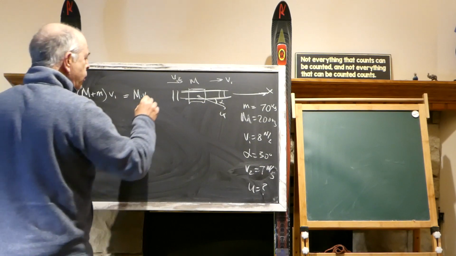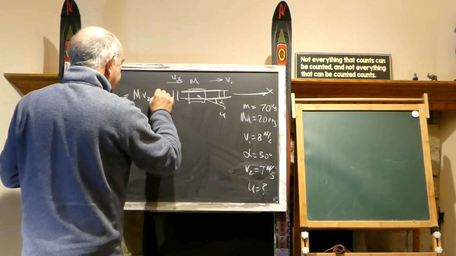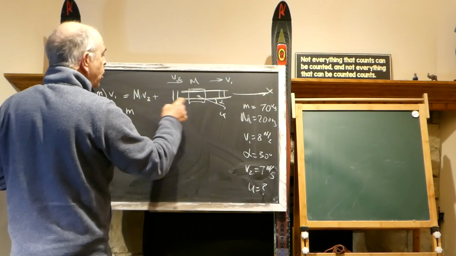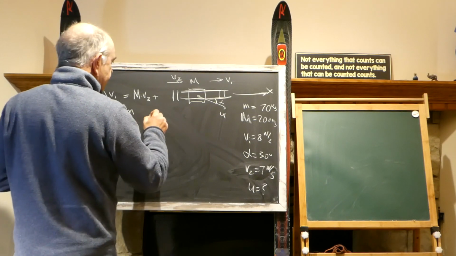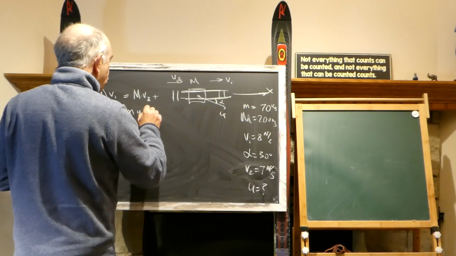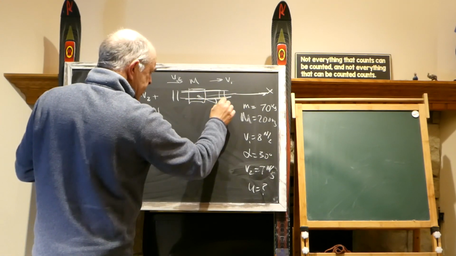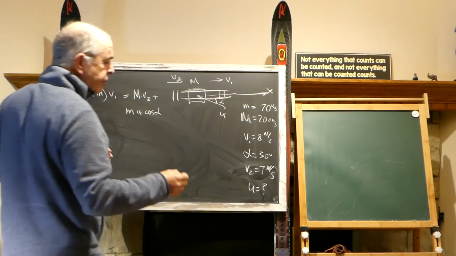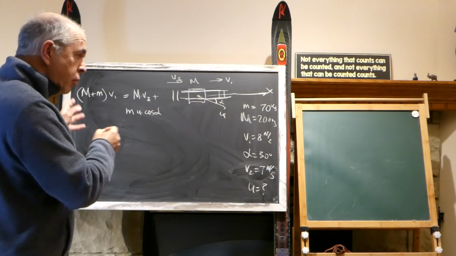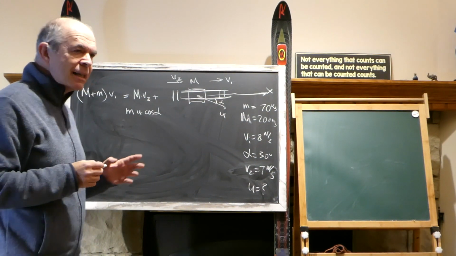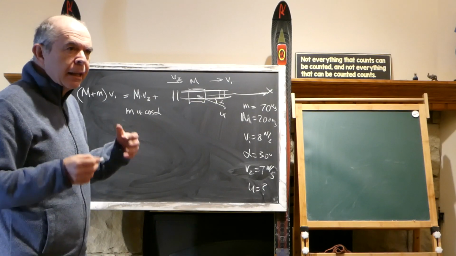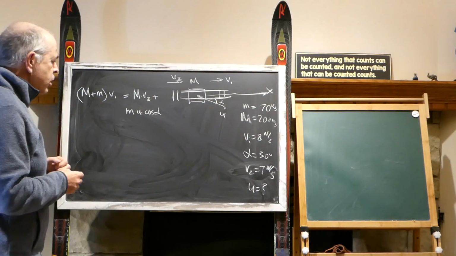So M v2, and then I have to take into consideration the momentum of the jumper himself. This would be m u cosine alpha, because the projection in this direction is u cosine alpha. If you're confused, go to my prerequisite vector playlist, and it's all explained how we get the projections.